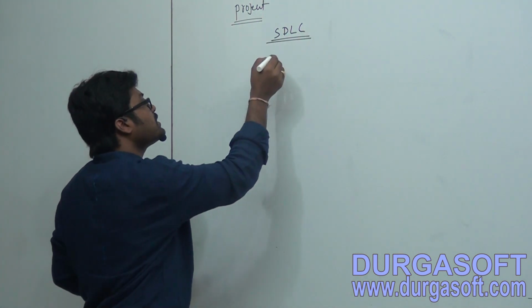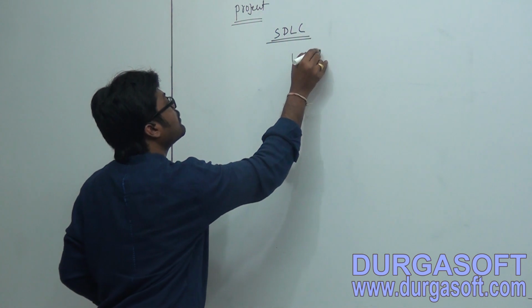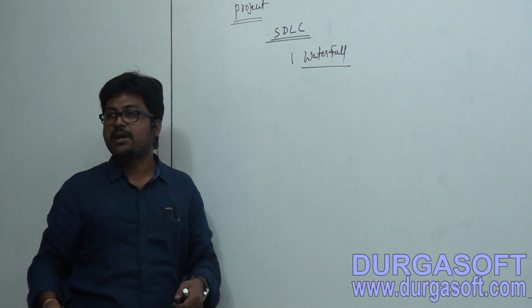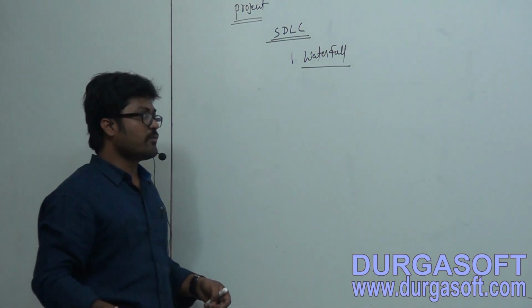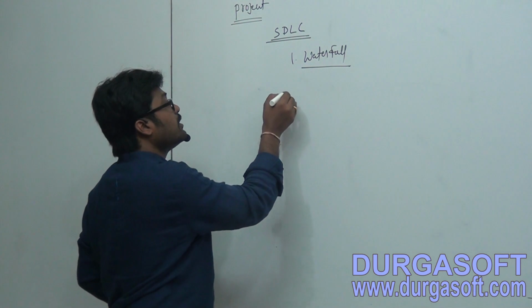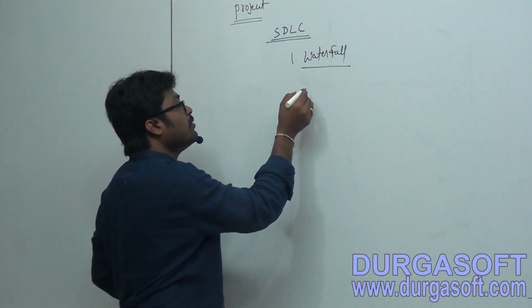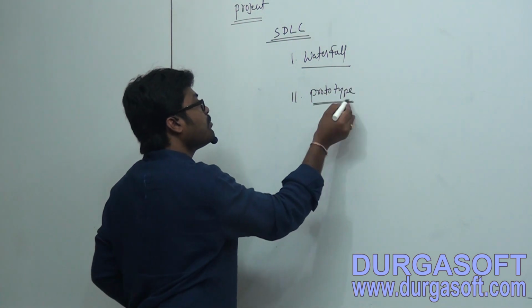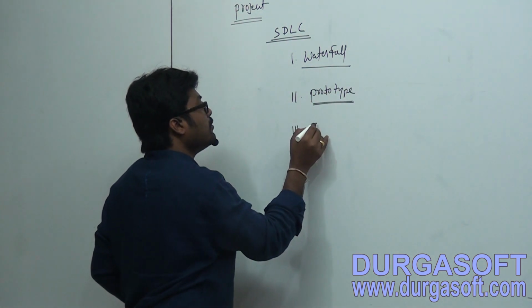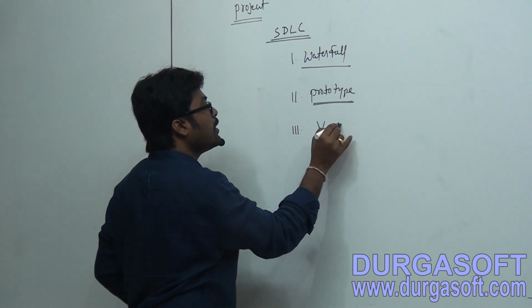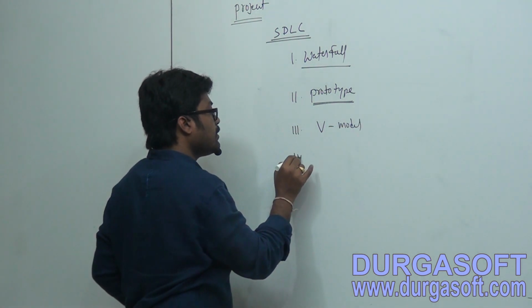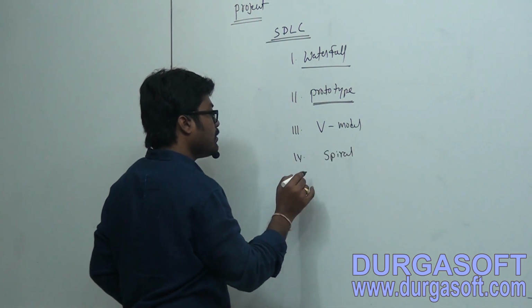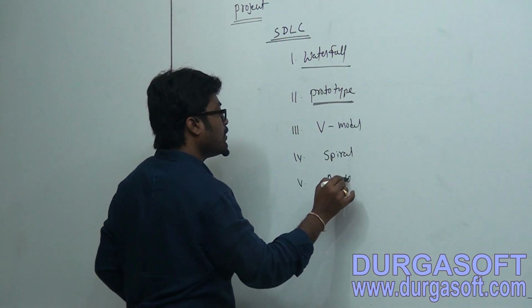The most popular SDLC model is the waterfall model, but it is not recommended. And we have the prototype model, the V model, spiral, and agile.